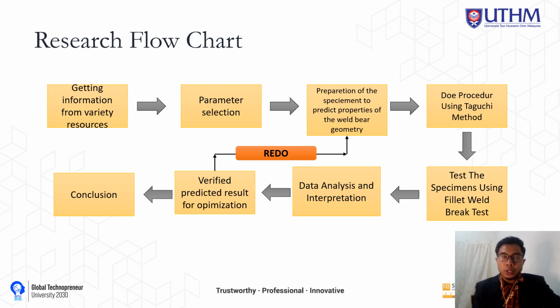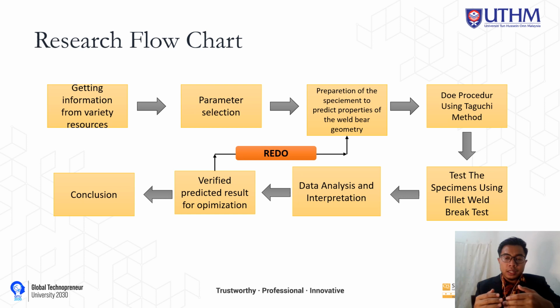In Bahasa Malaysia, we call this testing the kelapatah testing. After the destructive testing on the specimen, we go to the data analysis and interpretation. After that, we verify the predicted result for optimization.